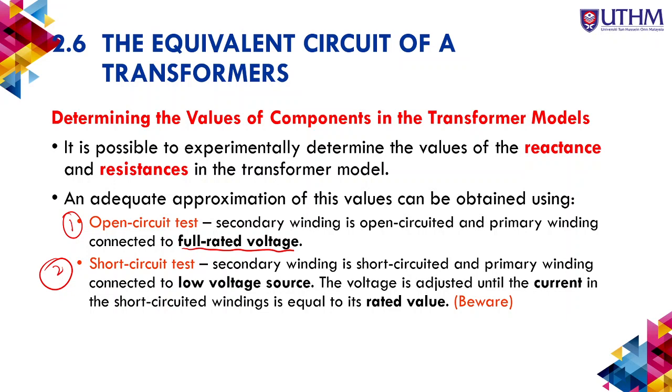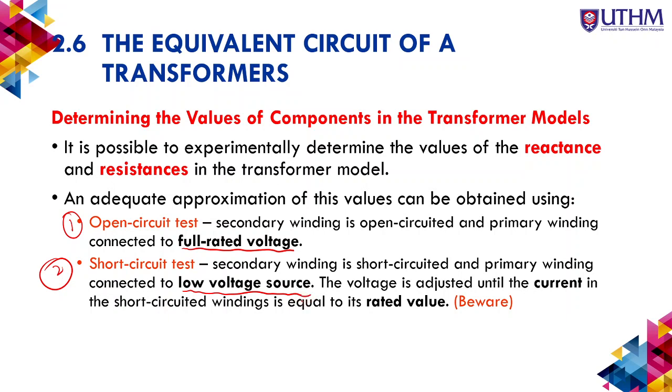However, for the short circuit test, we supply the voltage at the primary side, and for the secondary side we just make it short circuit. At this kind of test, we must use a very low voltage source.